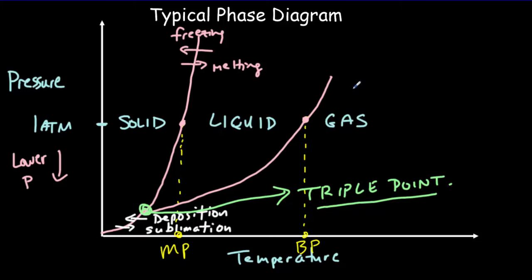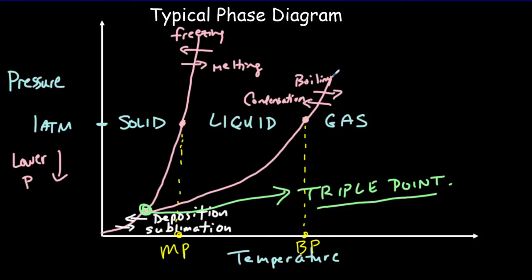And similarly over here, liquid to gas, that would be boiling, whereas gas to liquid would be condensation. So anywhere along that line, we'd have boiling going on at the same time as condensation is going on, and there would be an equilibrium between the two.